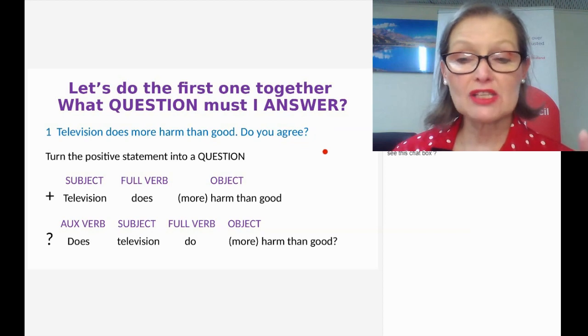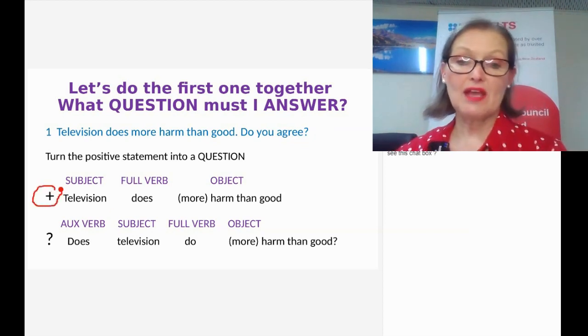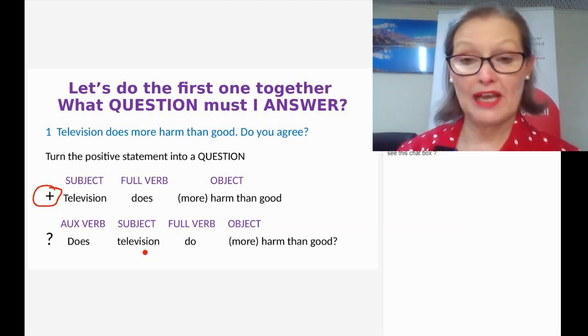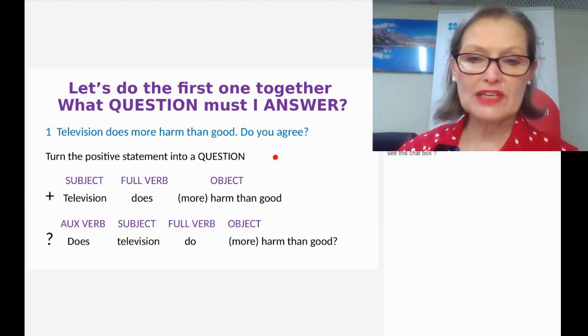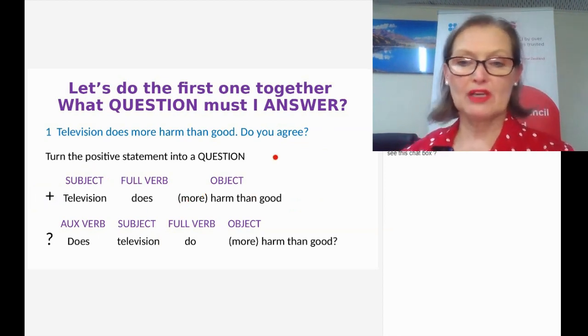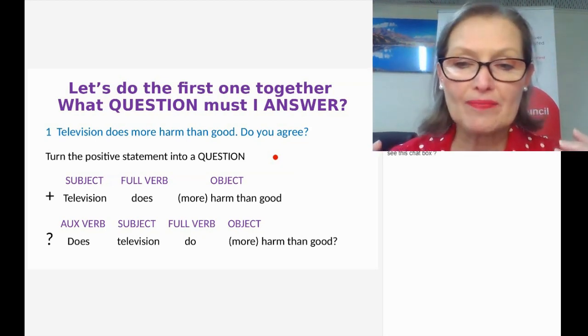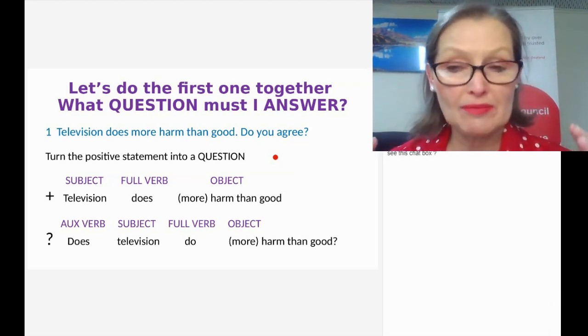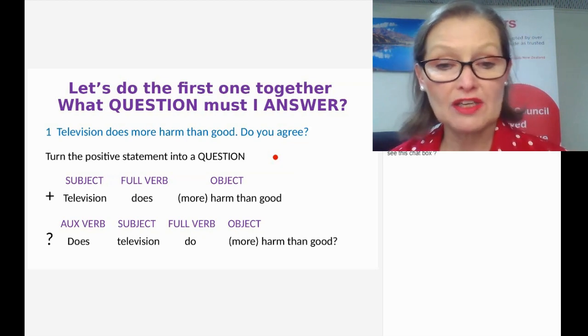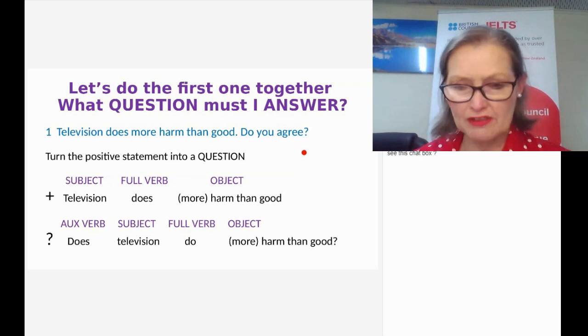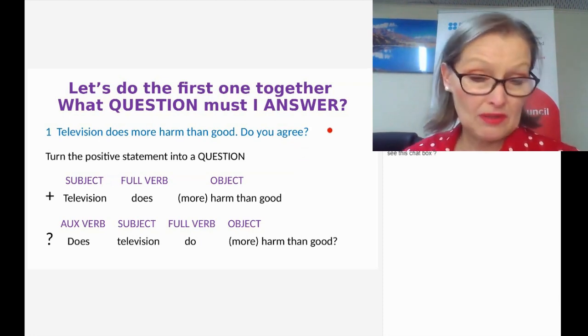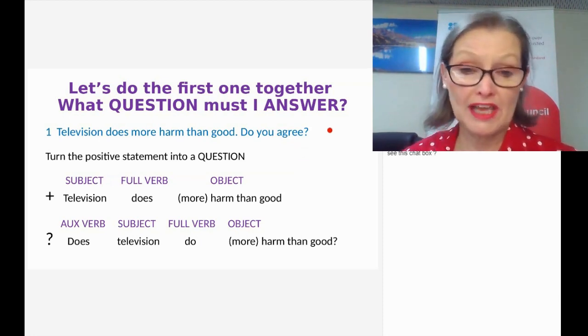You can take as much as up to 10 minutes, 8 to 10 minutes to prepare these questions, as well as thinking and planning, which is my next question. But this question number 4 is really important, because if I know what question I must answer, then I can answer the right question.